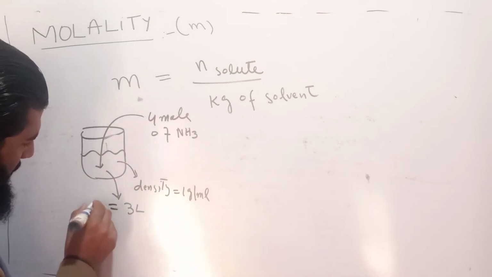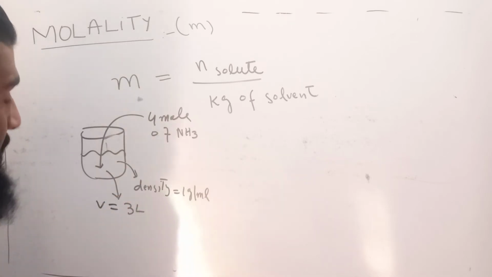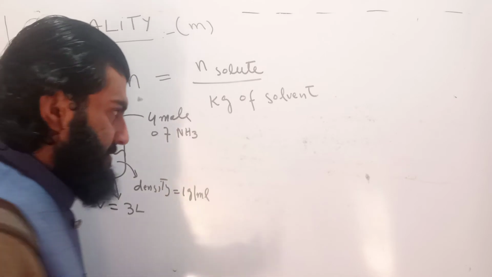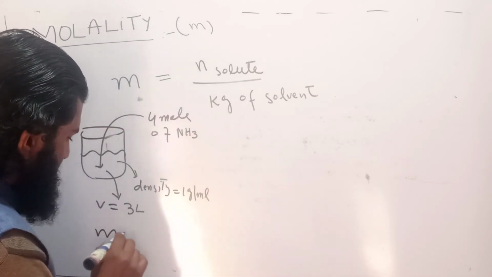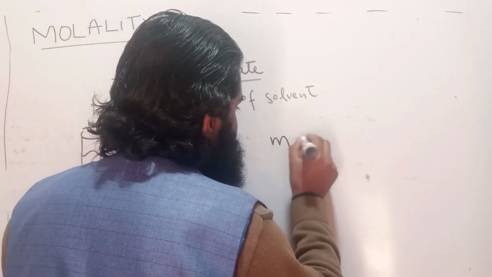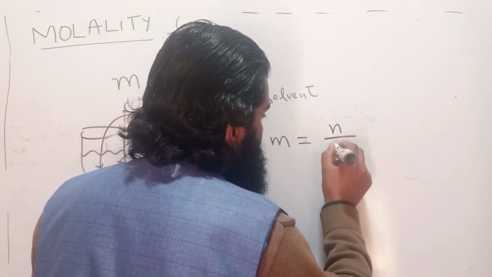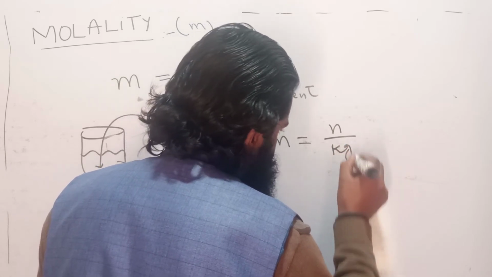Clear? Okay, so it is a density. So now we find the molality. The question is to find molality. We know that molality is equal to the number of moles of solute dissolved in kilogram of solvent.